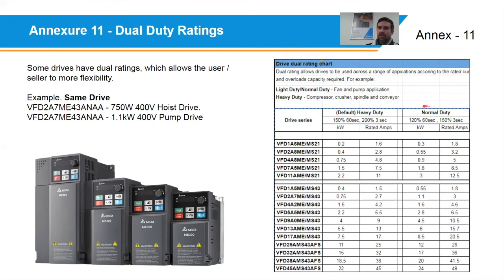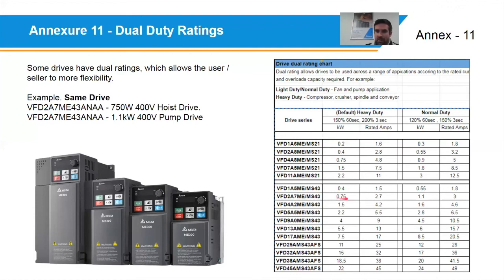Normal duty is typical for fan and pump applications, where heavy duty is typical for conveyor, crusher, compressor, maybe even a spindle drive, for instance. So if you have a pump application, please be aware that, let's go with the sample we chose here, 2A7 ME43, this drive.